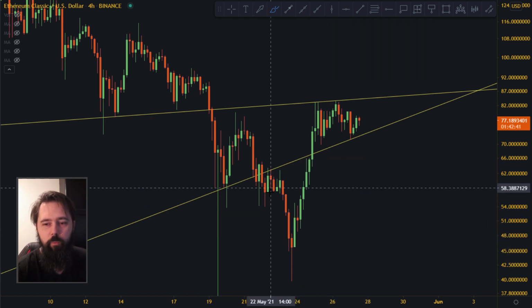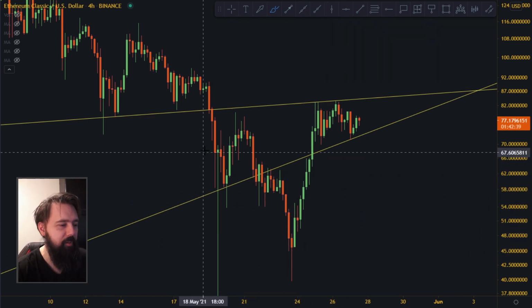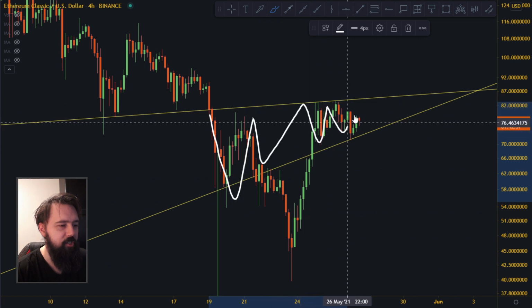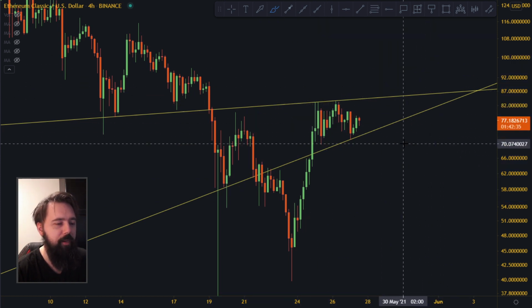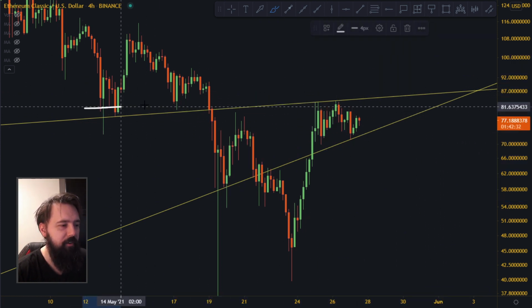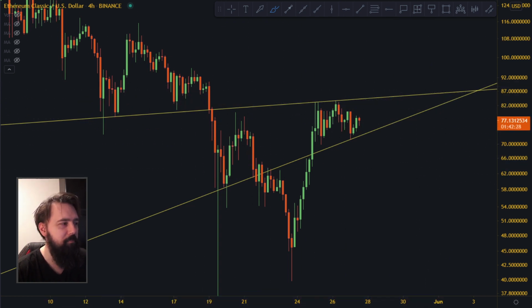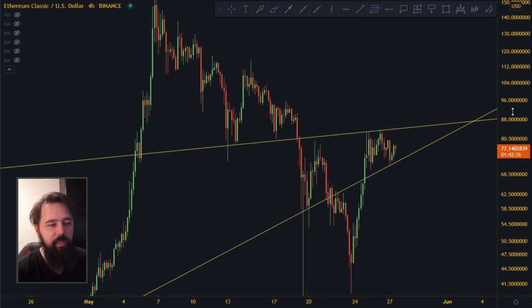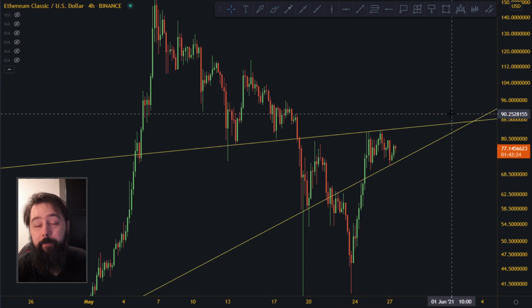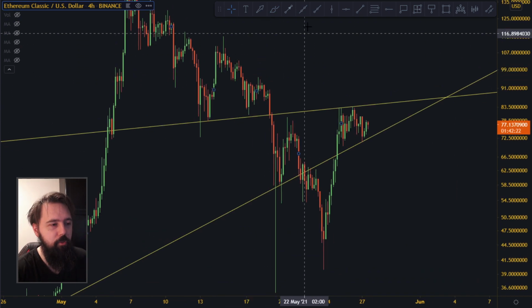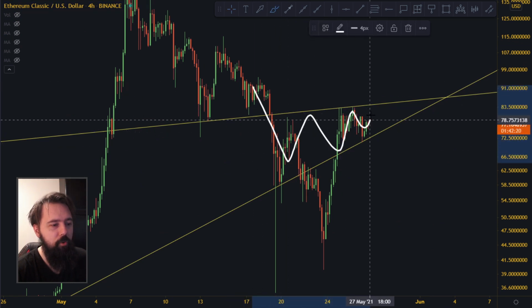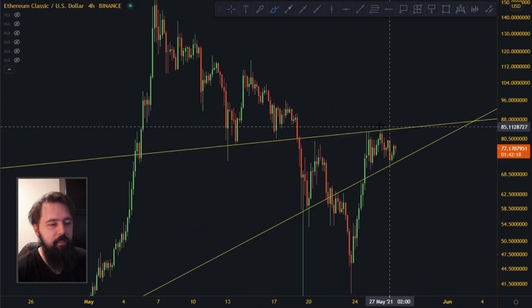We should have actually had just something like that, and then break up. So to me this looked like maybe some kind of ascending triangle. Ascending triangles might be reversal patterns, but usually they are continuation patterns. You go into them, and then you usually break on the downside.